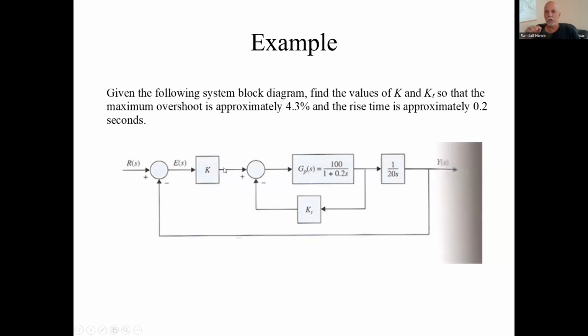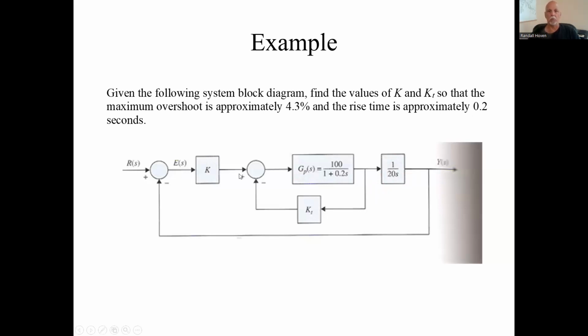So the numerator of our transfer function is just going to be the forward path gain, which is K times G sub P times 1/20S. On the denominator, both loops touch each other, so I don't have any of those pairs or triplets.